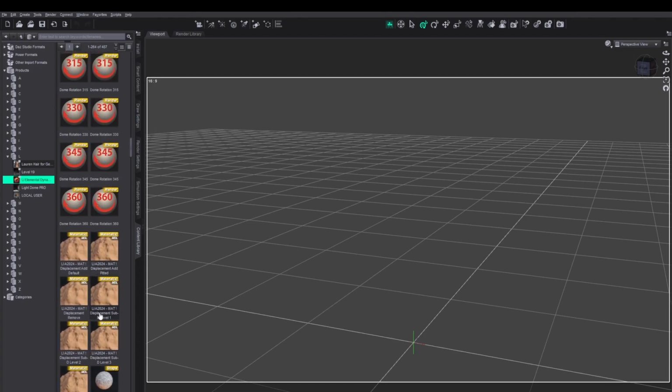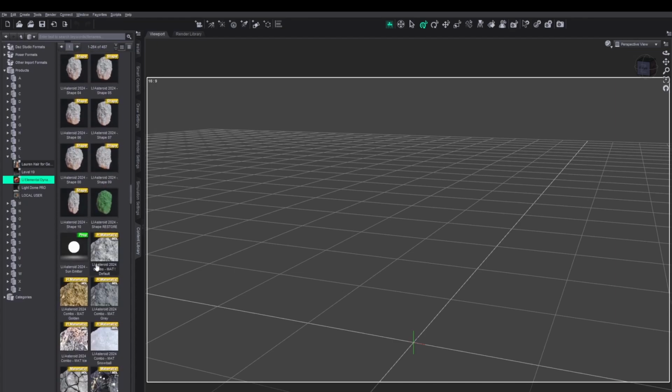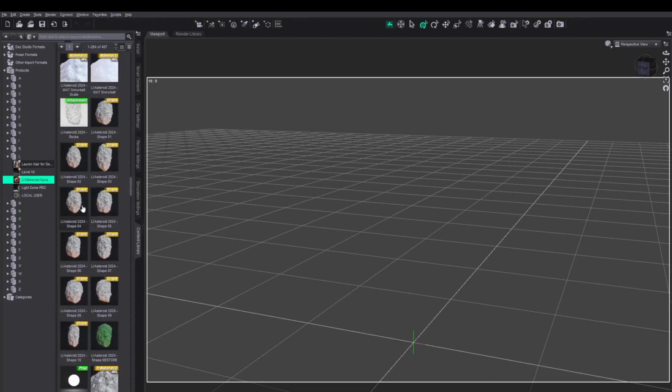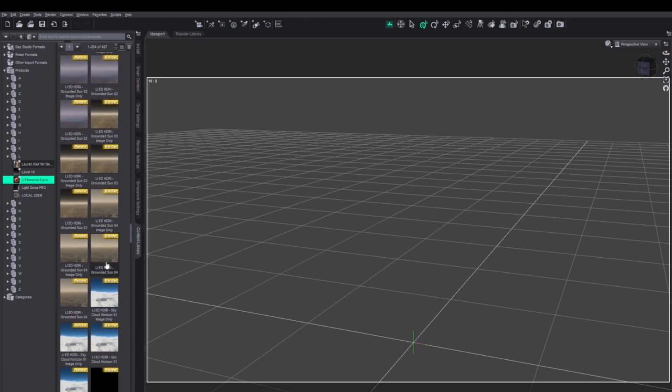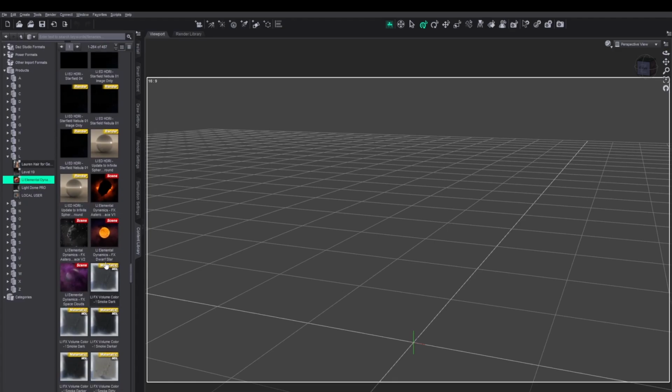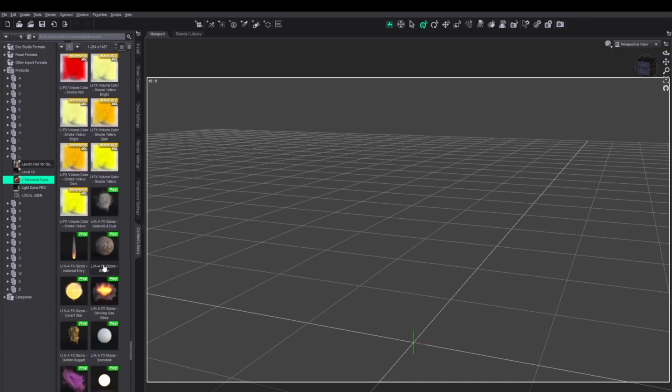Obviously a lot of this isn't working for whatever reason. What's the difference between these? And more of the same. I don't know. And now it's tiny.